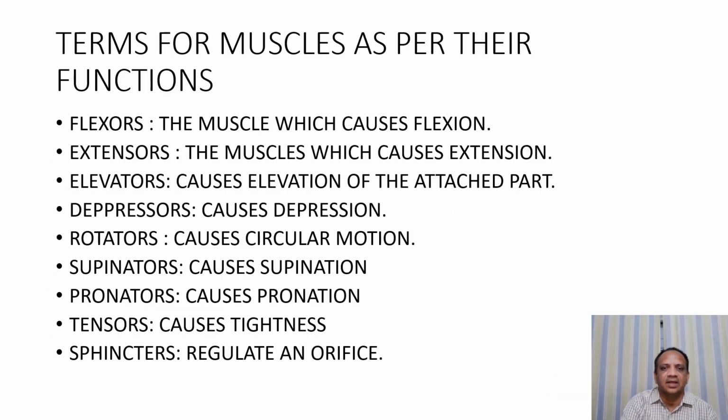According to the functions, flexors cause flexion, extensors cause extension, elevators cause elevation of the attached part. An example is levator veli palatini. Depressors, as the name itself says, cause depression. Rotators cause circular motion. Supinators cause supination.